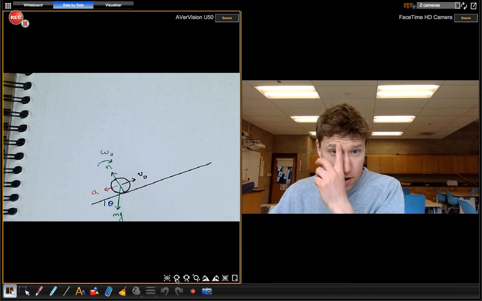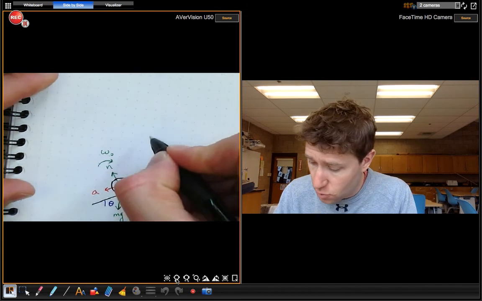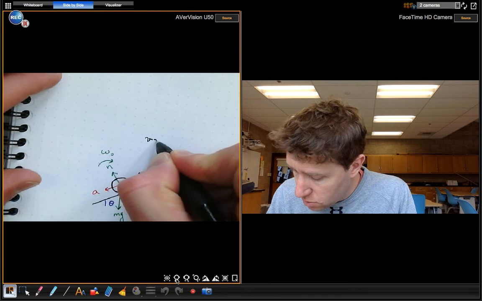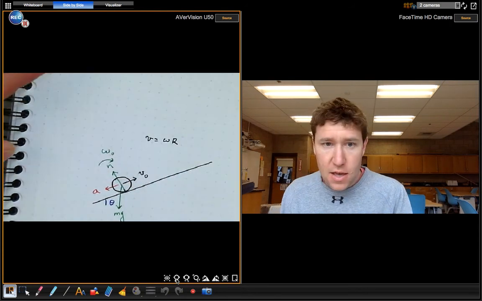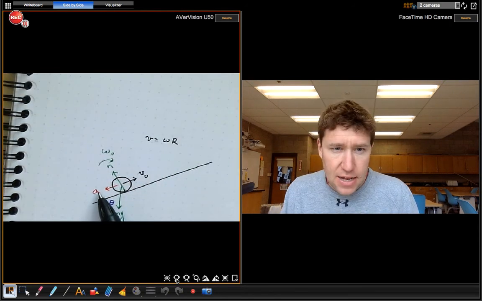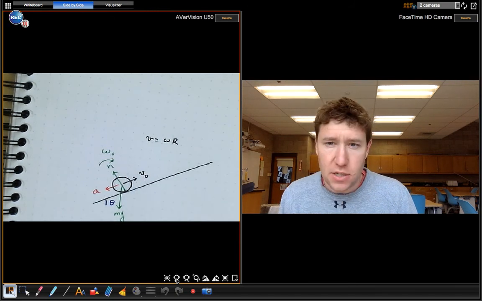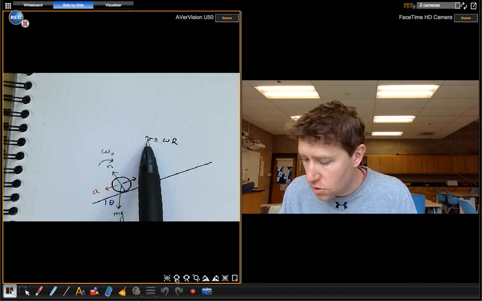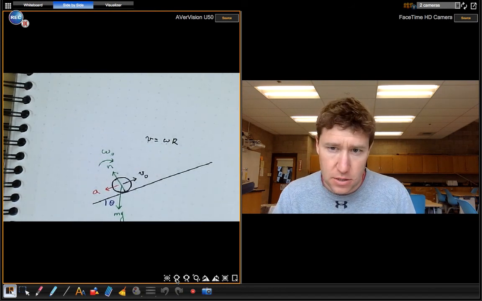Remember our requirement for smooth rolling motion: V has to equal omega R. If this is accelerating down the ramp while moving up the ramp, that means that V is going to decrease. And if smooth rolling motion is going to happen, then as V goes down, omega has to decrease.